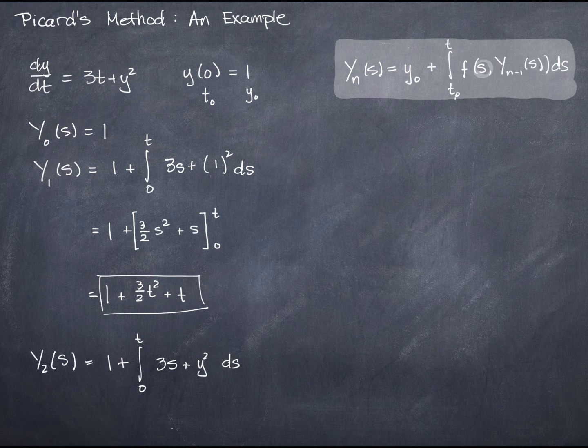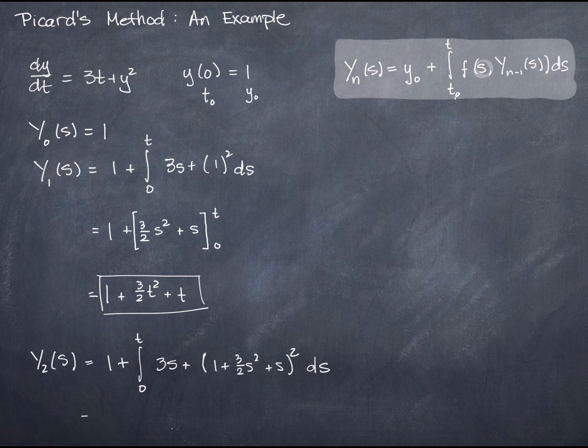So let me just erase my y squared, and I will replace it with 1 plus 3/2 t squared plus t, and then I have to square that. And of course, I've done it again and forgotten about my dummy variable. Change that to an s, and now I need to integrate this.